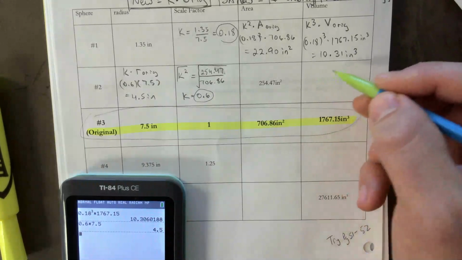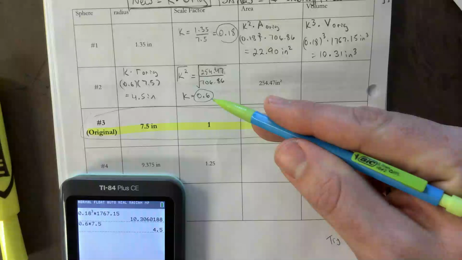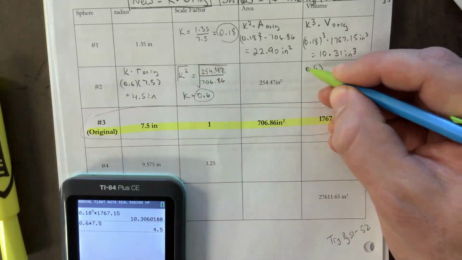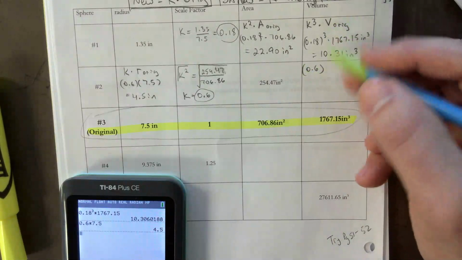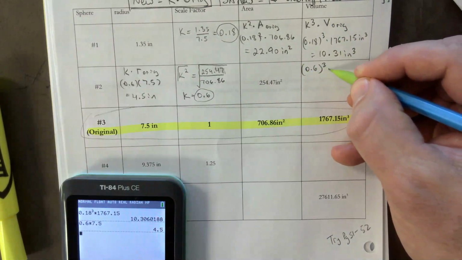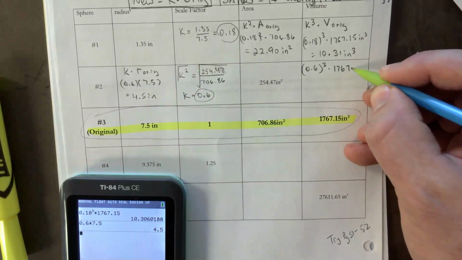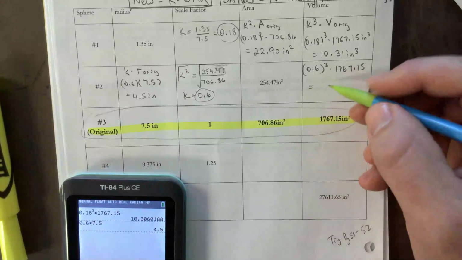What about this one? How would I find this one once I have the scale factor? I'm not even going to show you the setup, I'm just going to go 0.6 what? It's volume. Cube. Times 1767.15. I appreciate you guys whispering that. Yeah.